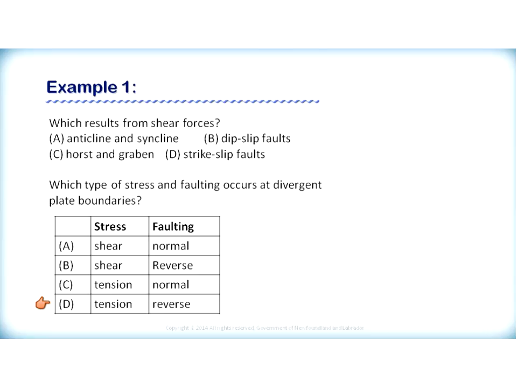Also, at divergent boundaries we tend to have plates moving apart. Therefore, the hanging wall moves down with respect to the footwall, and this would be a normal fault. We would see tensional stress and forces at a divergent boundary, and this would result in normal faults. So our answer to this question would be C.